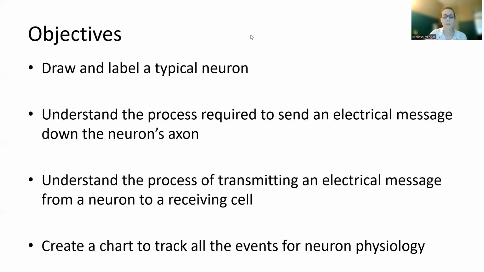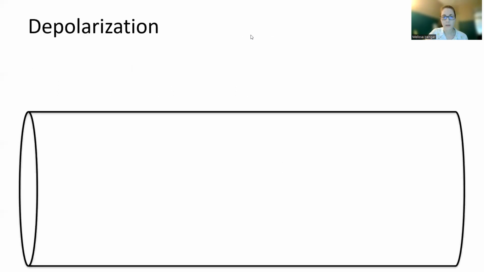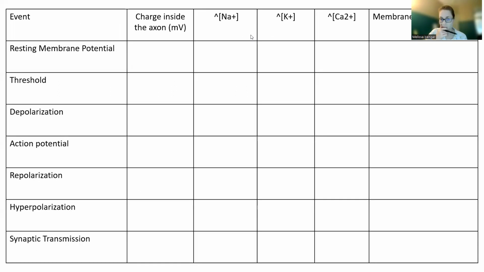Okay. So while you do the physiology portions, at the back of this PowerPoint is a chart. I want you to fill this out as we go along. What is the charge? Where is sodium concentration high? Where is potassium concentration high? That's what these arrows mean here.